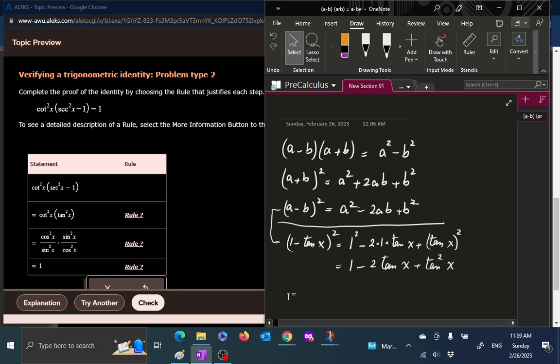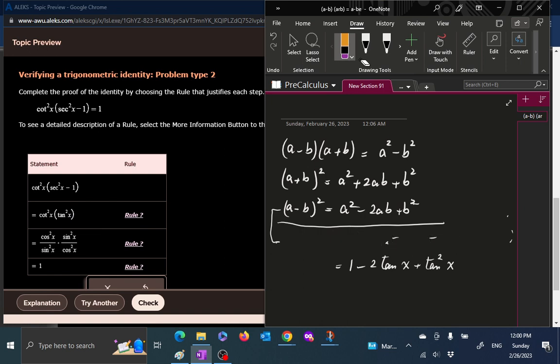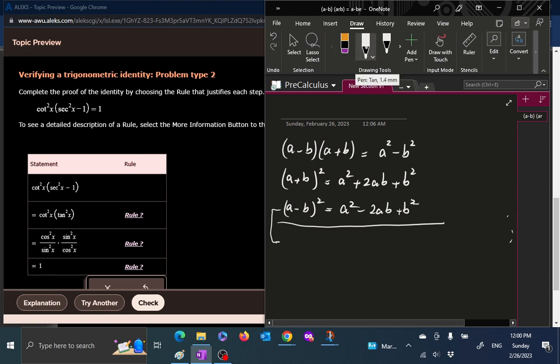So our trig identity says that 1 plus tangent squared of x is secant squared of x.